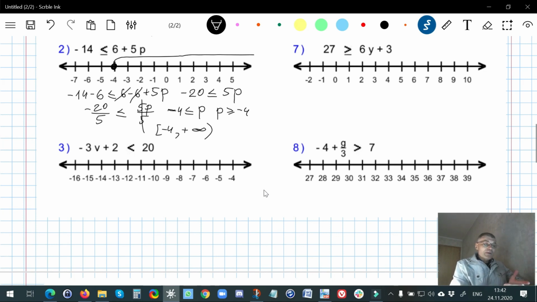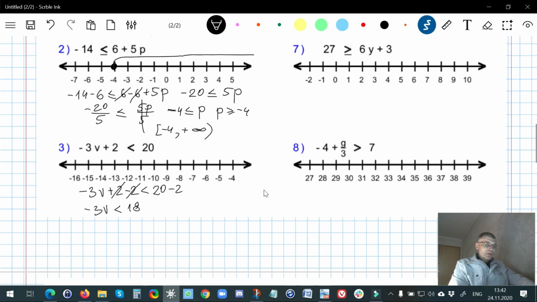Okay, so here again I'll do it a little bit faster. I have to isolate negative 3v, of course. Plus 2 minus 2 is less than 20 minus 2, so negative 3v is less than 18.